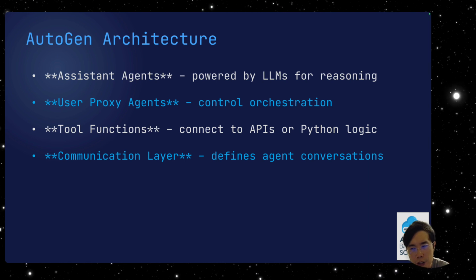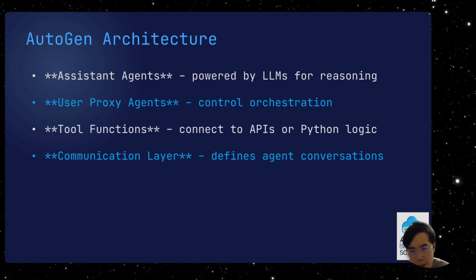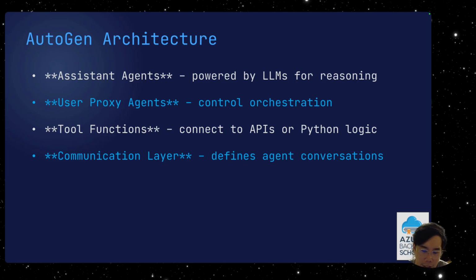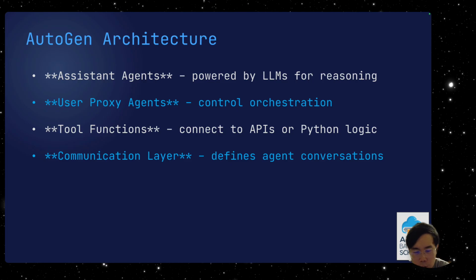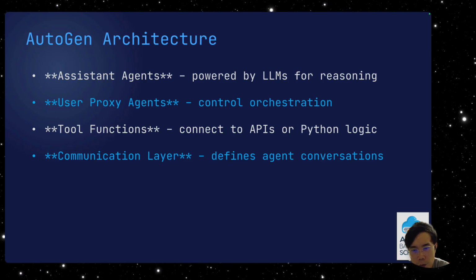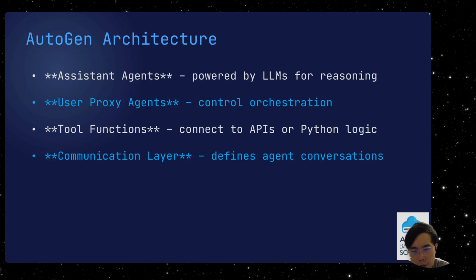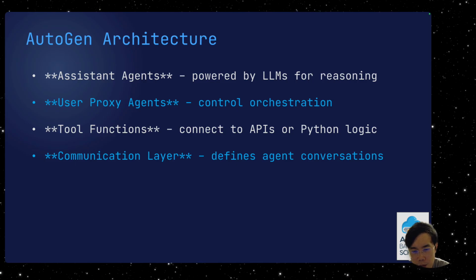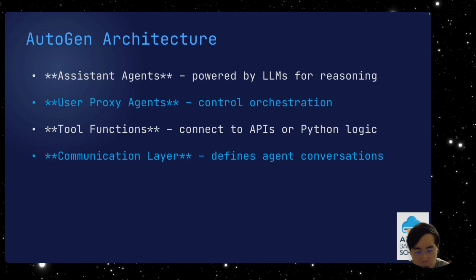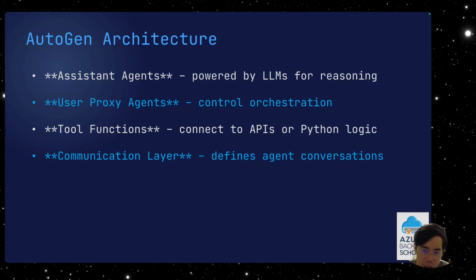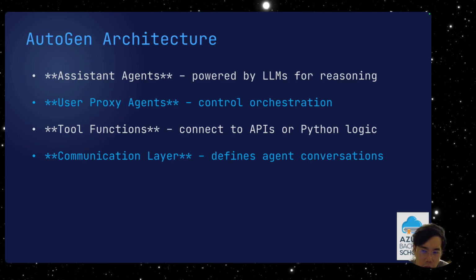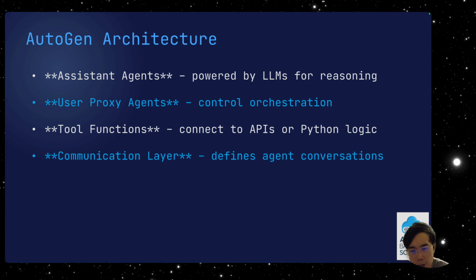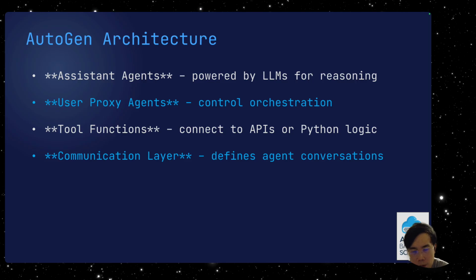And also the tool function is where we can connect to APIs, all by Python. As you know, normally AutoGen is mainly built from Python. So if you are familiar with Python, this is the one you can start with for building a multi-agent AI application. And also we have a communication layer, where you can define the agent conversation.